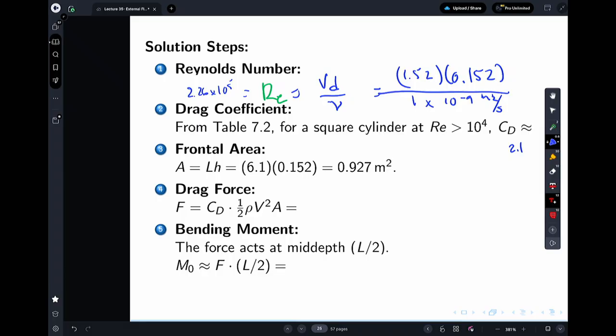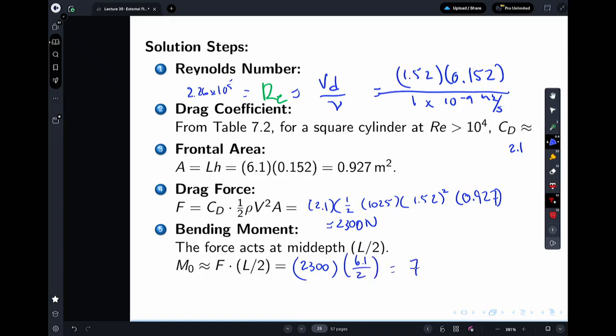Force of drag is then going to be 2.1, 1/2, 1025, 1.52 squared, 0.927, which equals 2,300 newtons. And so that's 2,300 times 6.1 divided by 2, which is 7,015 newton-meters.